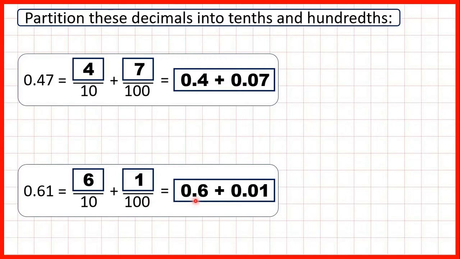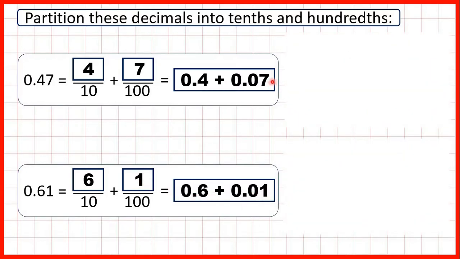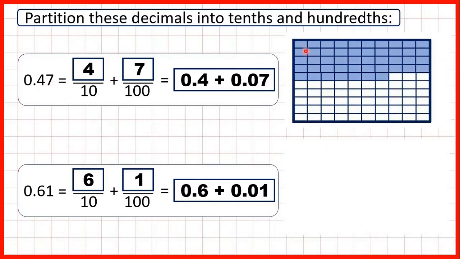We can write the partition in decimal form as 0.6 because that shows 6 tenths, and 0.01 because that shows 1 hundredth. We can show what we did here. So for the first question, we had 0.47, so that's 47 hundredths, but 47 hundredths is the same as 4 tenths plus 7 hundredths, or 0.4 plus 0.07.